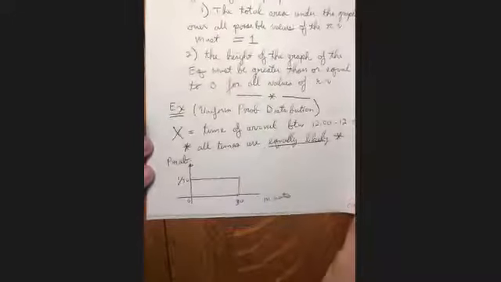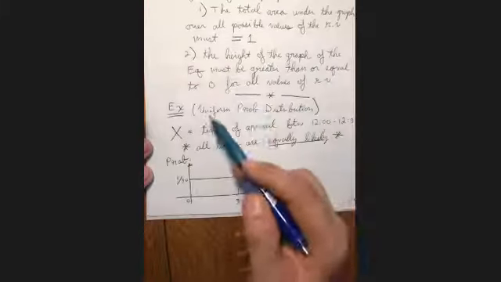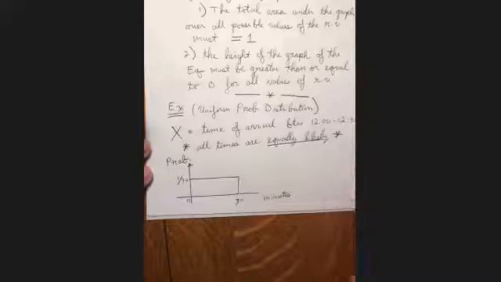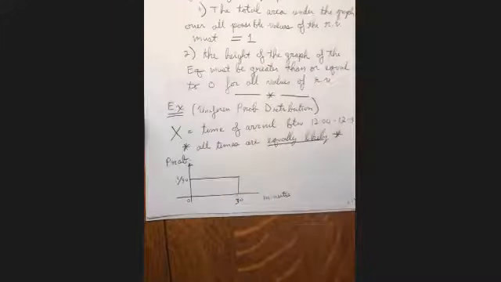Okay, so the first stop is the uniform probability distribution. So we learned about uniform distributions when we were first learning about the shapes of histograms. And so here we're finally going to be working with it. So a uniform distribution, as we discussed previously, is a symmetric distribution.